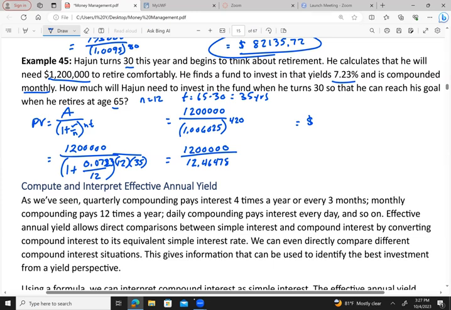Oh, I added too many zeros. Let me recalculate this. 1,200,000 divided by 12.46478. There we go. Much better. $96,271.26.